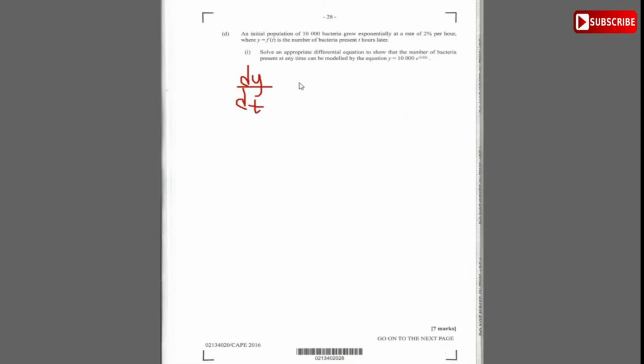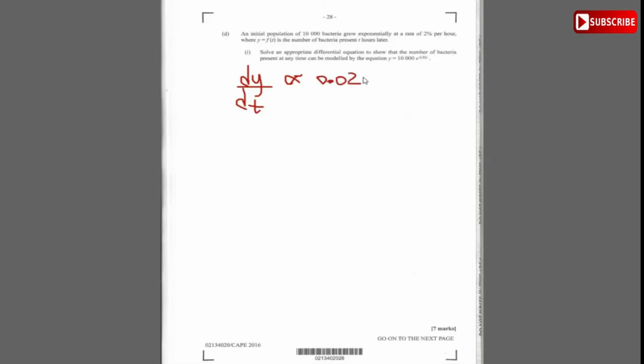So dy by dt is going to be proportional to the initial population of 10,000 at a rate of 0.02. This is the rate, so we can say it's proportional to this 0.02t.